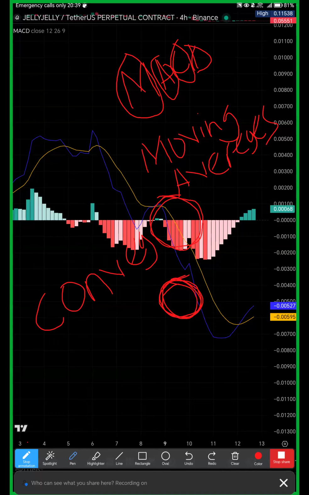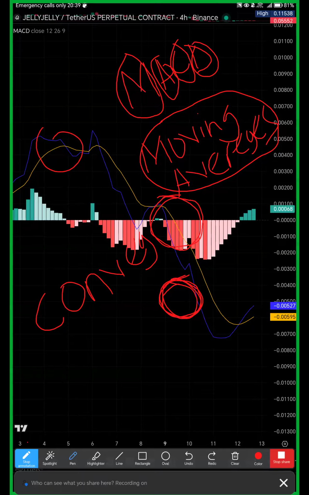And the D is for divergence. So we do have two moving averages. Somewhere these two moving averages meet, and then they start separating. That's why we do have convergence and divergence.